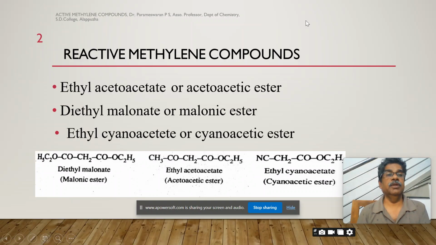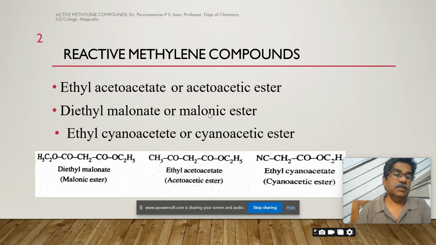For example, acetoacetic ester, both are same, either acetoacetate or acetoacetic ester. Diethyl malonate is another example, also known as malonic ester, or cyanoacetate or cyanoacetic ester. Okay, these are the most important active methylene compounds.